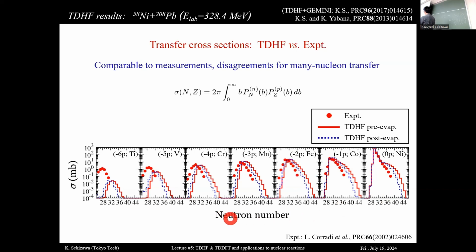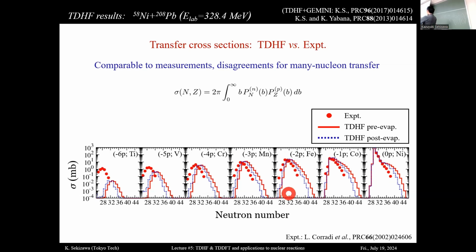This is as a function of neutron number. So the proton number is 28, but the neutron number can be different. And at the same time, you can find different elements like cobalt, iron, manganese, chromium, vanadium, titanium, right? And then as a function of neutron number, you have the cross section.